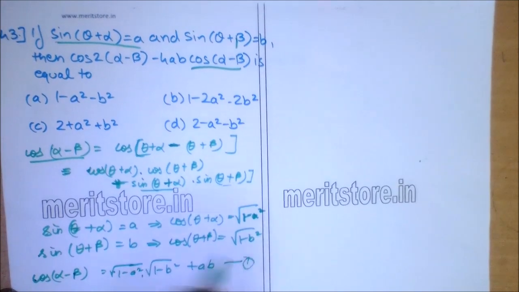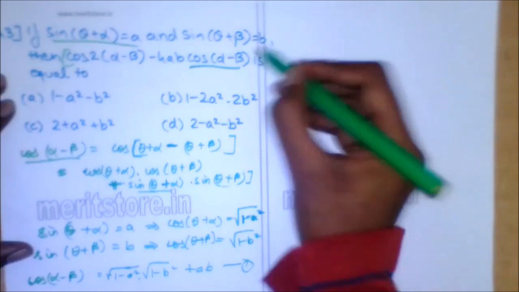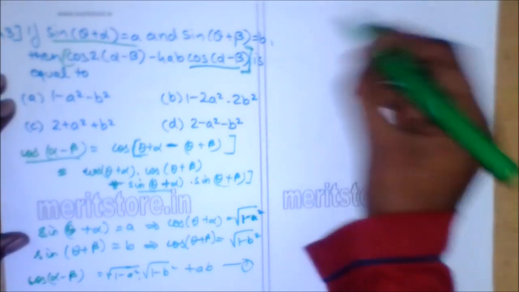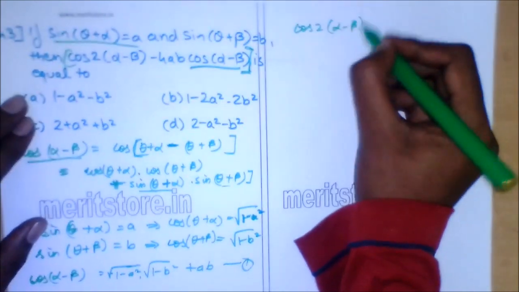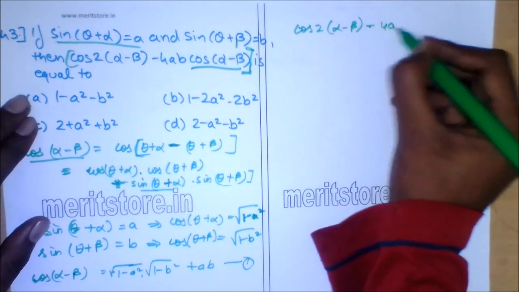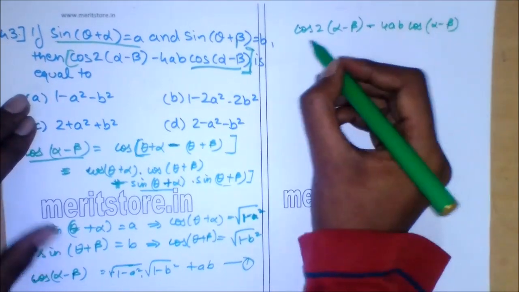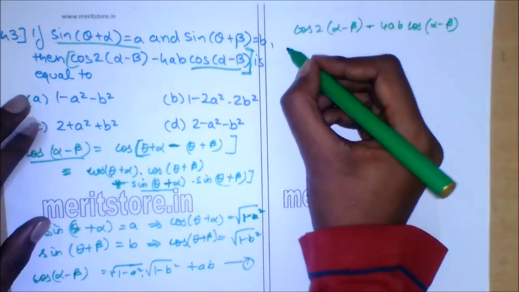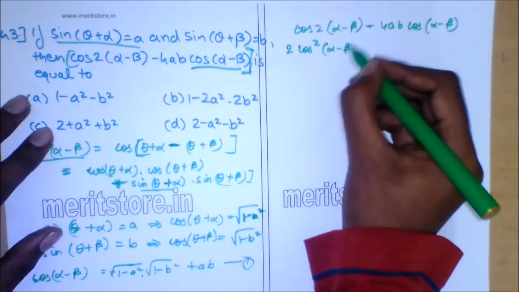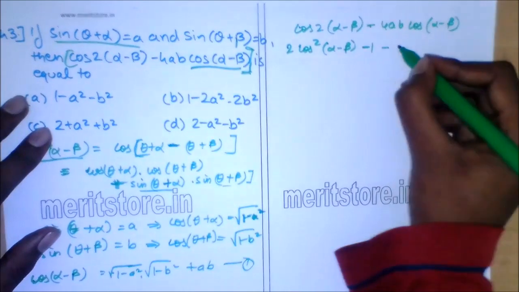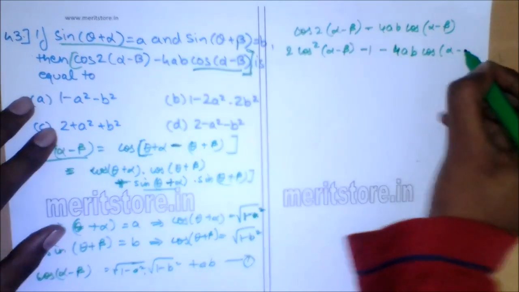Let this be equation 1. Now we substitute this value in the required expression. So cos of 2 alpha minus beta minus 4ab cos of alpha minus beta. Cos of 2 times alpha minus beta can be written as 2 times cos square of alpha minus beta minus 1, and again minus 4ab cos of alpha minus beta.